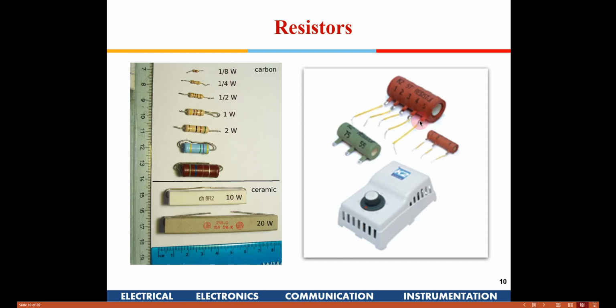In earlier days in fan regulators also, to regulate the speed of the fan, we used to have these kind of ceramic resistors, where with each switching you will keep increasing the resistance in series. For speed 1 you will take the maximum resistance in series, and as you keep increasing the speed, you will take a smaller amount of resistance in series.